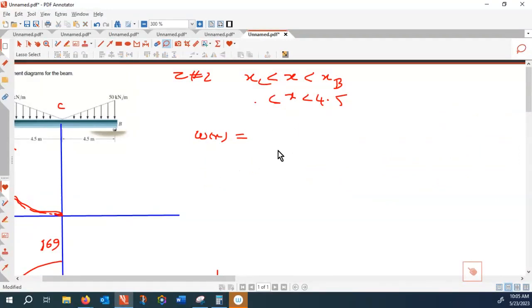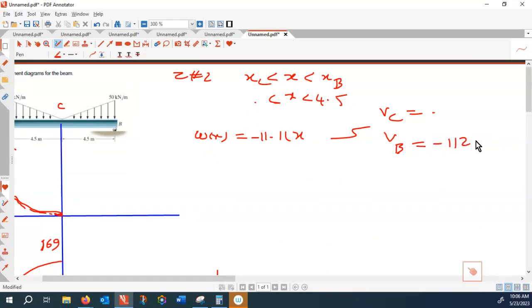All right, W of x is minus 11.11x. So V of C is equal to 0, V of B is minus 112.5.